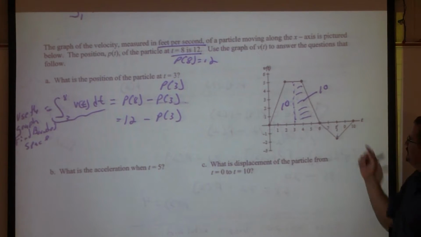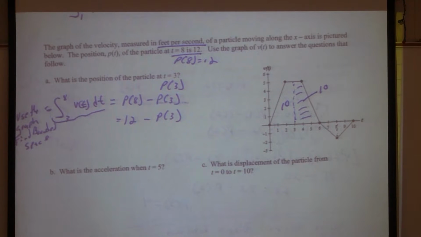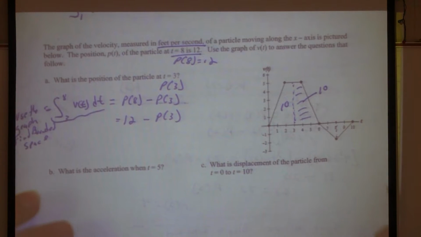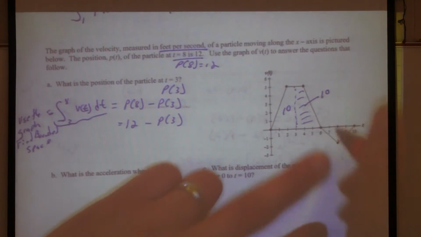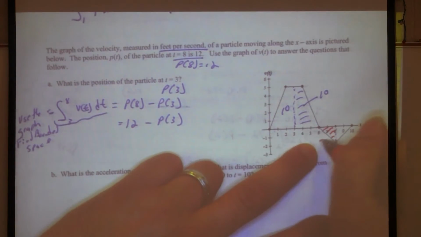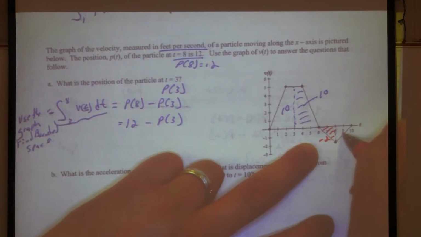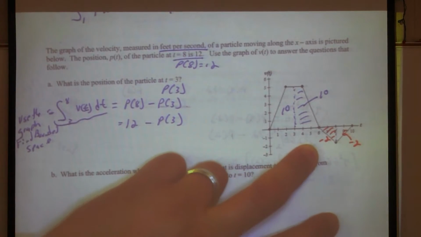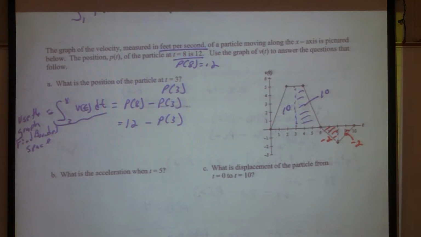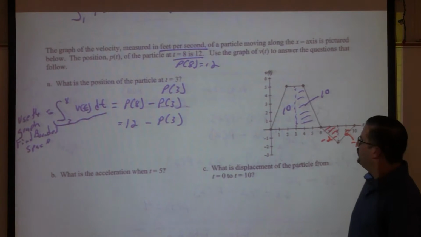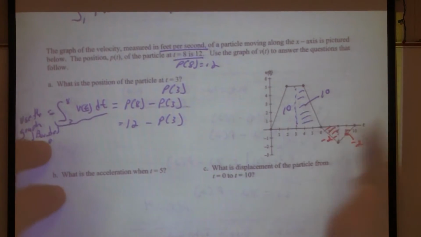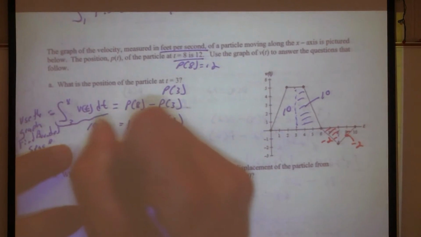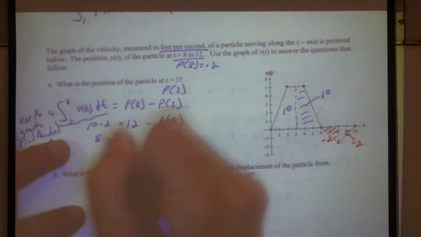How about the triangle? 2 times 2, that's 4, divided by 2, it's 2, but it's gonna be what? Negative 2, because it's on the bottom, right? So what would I end up with here in this case? 10 minus what? Minus 2, which is 8.